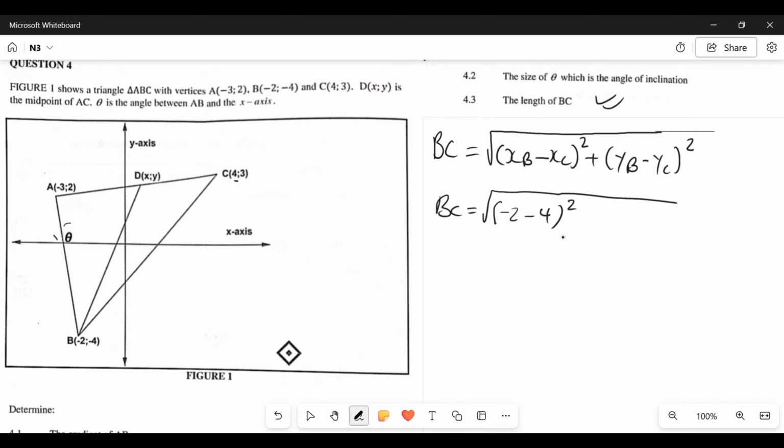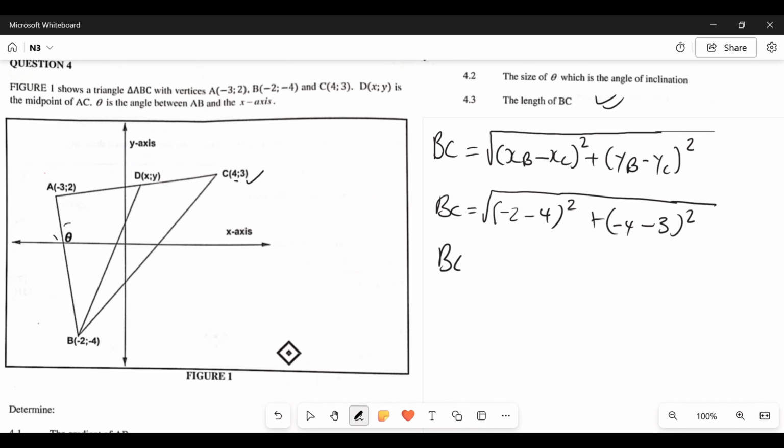Then let's not forget the square, plus, and then you open the bracket. Now you look at yB. yB is the y value at point B, which is -4. So you have -4 minus yC. Do not forget. yC is the y value at point C, which is +3. Then let's not forget to square them.